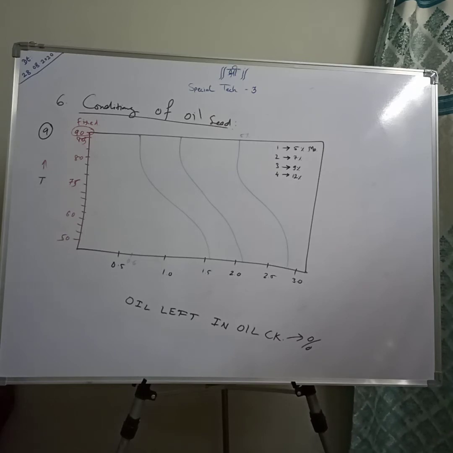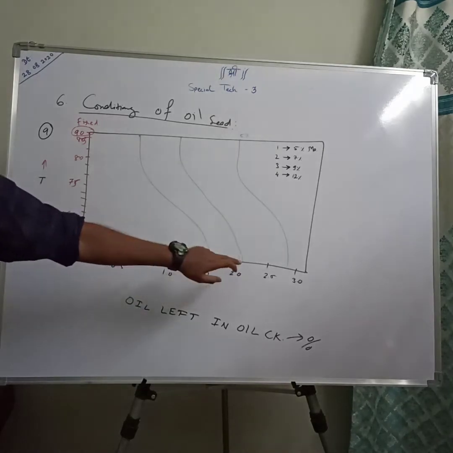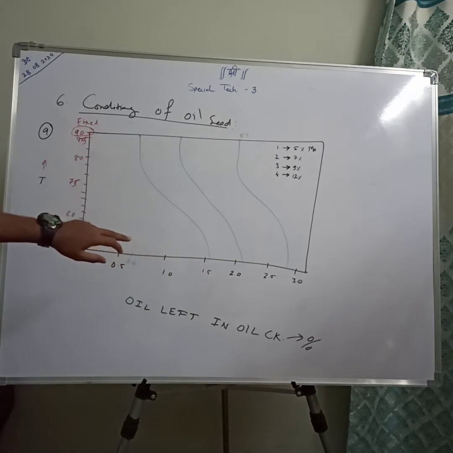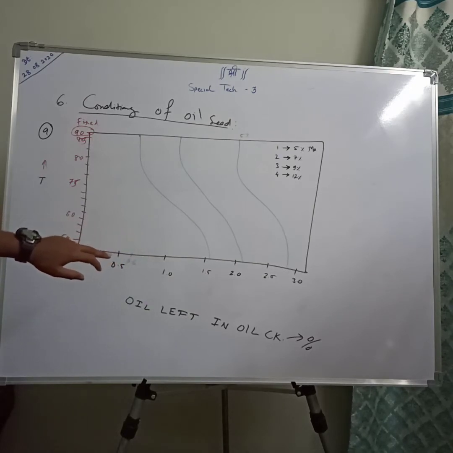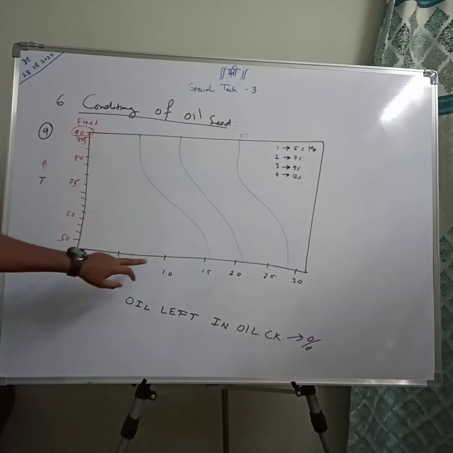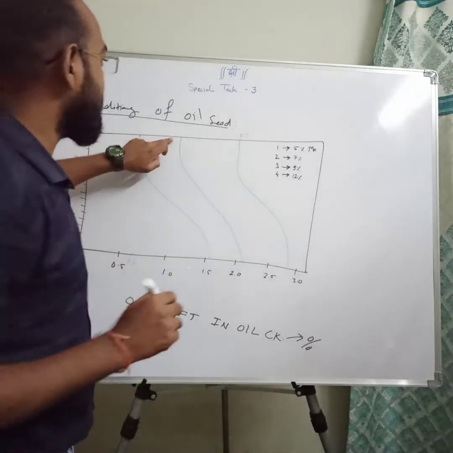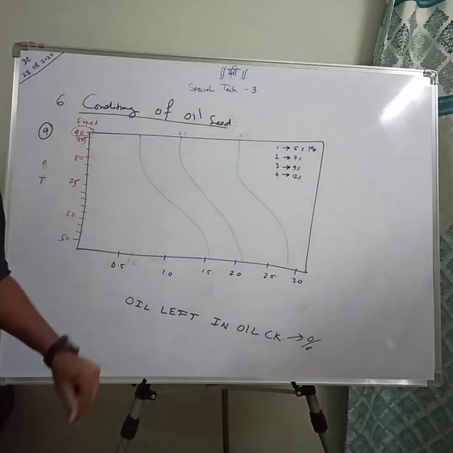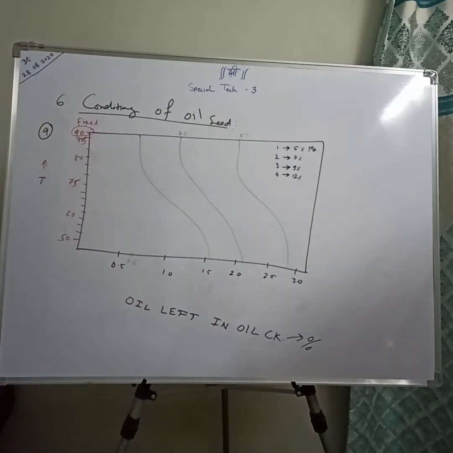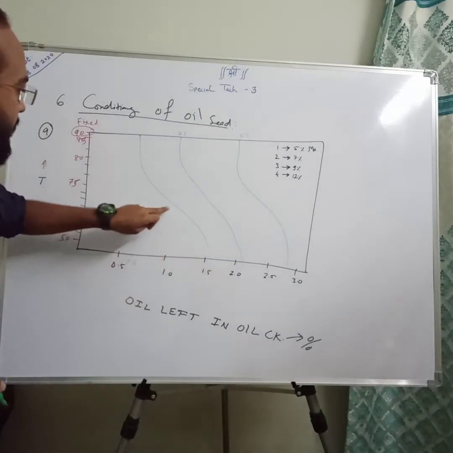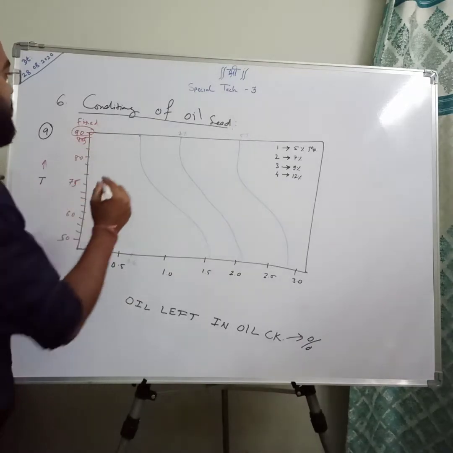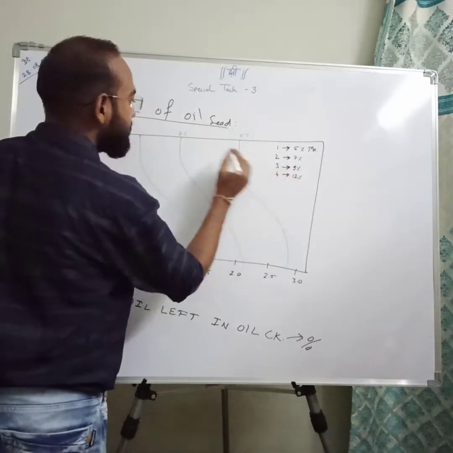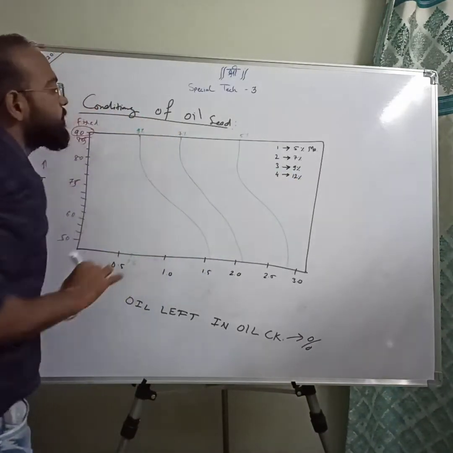Then the second curve again starts just next to 2.0 and ends in between 1 to 1.5. This is your second curve, that is of 7%. This is your third curve, starting just beside 1.5 and ending around 0.6. This is your third curve, that is of 9%.